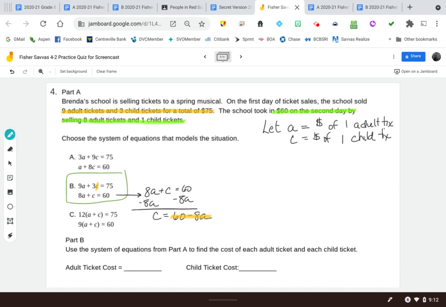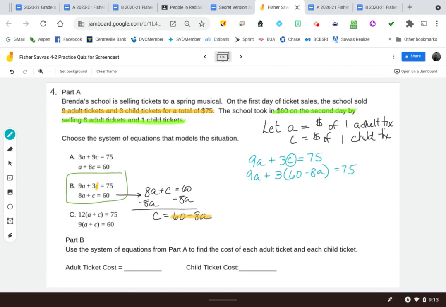So if I write my top equation, I have 9a plus 3c is equal to 75. I'm going to substitute in for c the 60 minus 8a. So I have 9a plus 3 times, make sure you're putting this in the parentheses, 60 minus 8a, and that's going to be equal to 75.